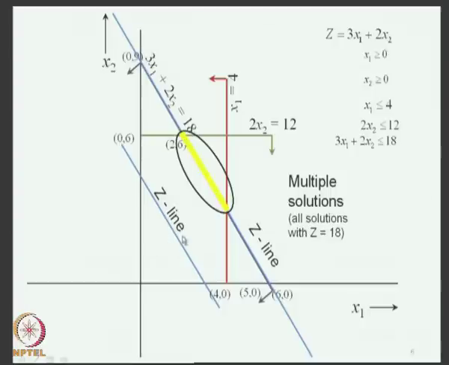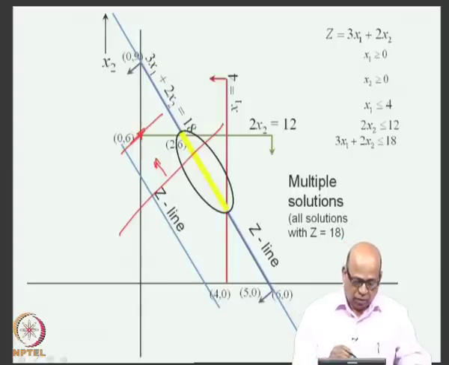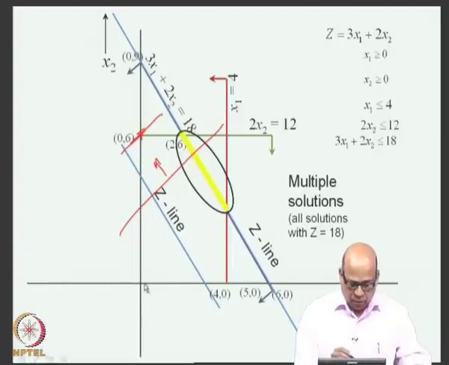Let us say your z line was increasing in some other direction, assume that it is increasing in this direction, then the optimal solution will be at this point. So the observation that we are making is that the optimal solution lies at one of the corners of the feasible space. So it can be this corner, this corner, or this corner, etc.